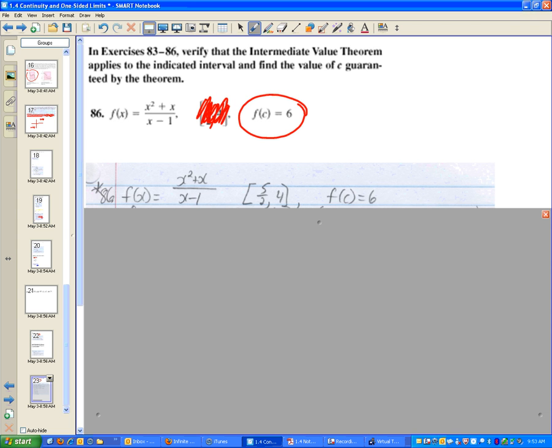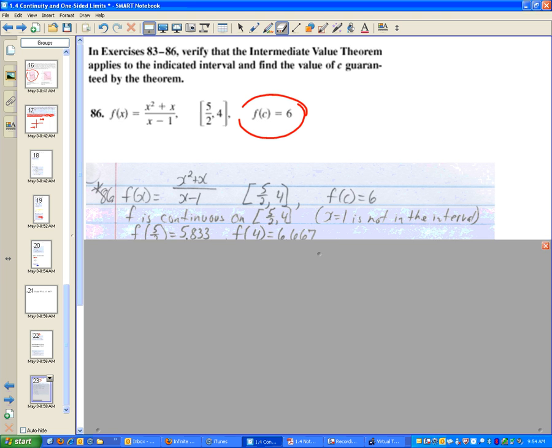If I don't know an interval, where's the only place this function is not continuous? 1. Is 1 in this interval? So our function is continuous on that entire interval. We got to say so. f is continuous on the closed interval from 5/2 to 4, and explain why, because x equals 1 is not in the interval.